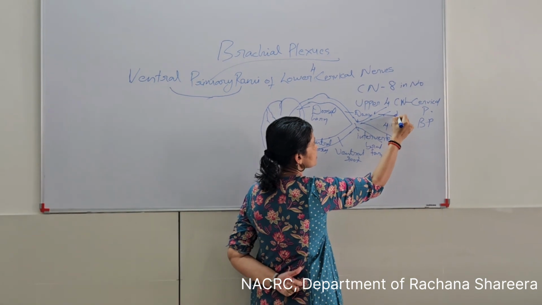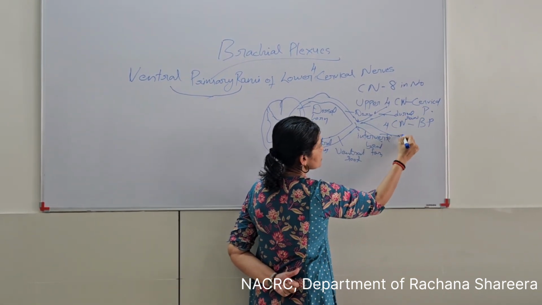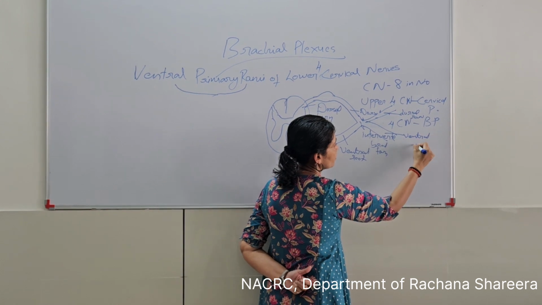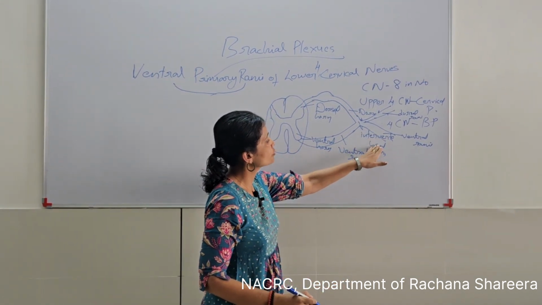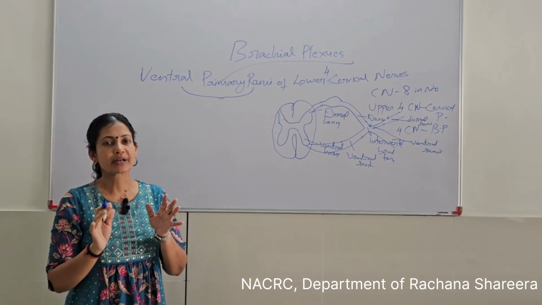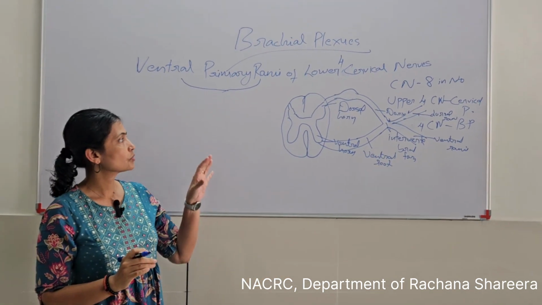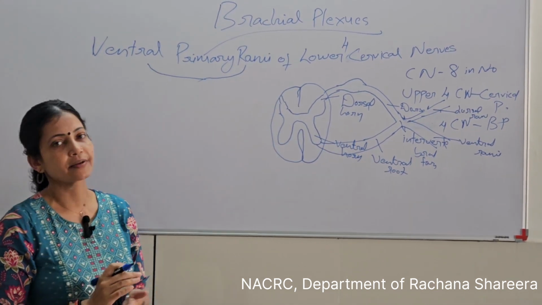For example, this is the dorsal rami and this is the ventral rami. Now ventral rami of lower four cervical nerves forms the brachial plexus. So I hope you get a brief idea regarding the ventral rami.